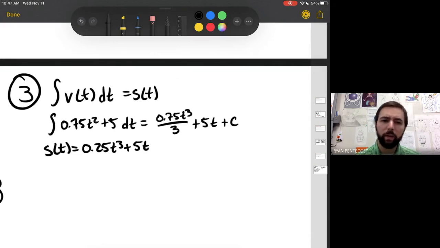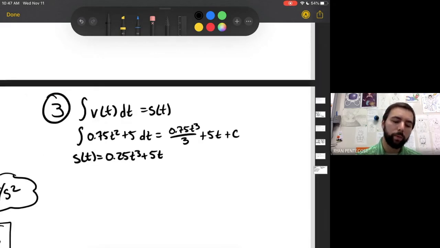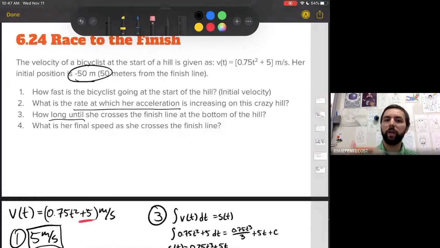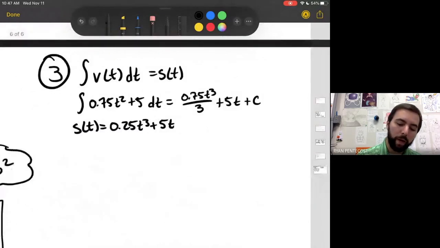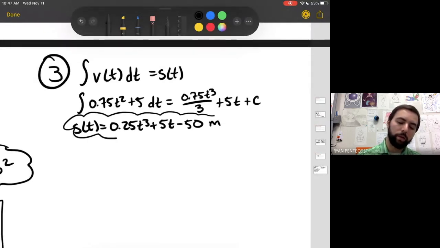And we have the initial position, right? Initial position is negative 50 meters. Looks like the finish line is at the 0 position. For some reason, it was measured like that. So that means that we have minus 50 here. And then you put your unit on there because the whole thing is meters.